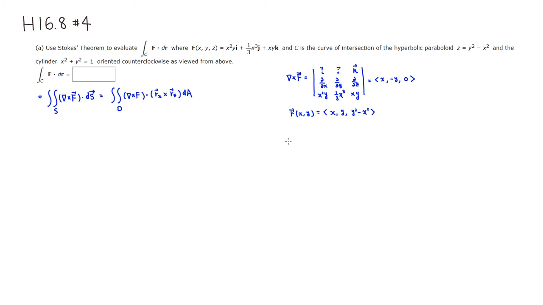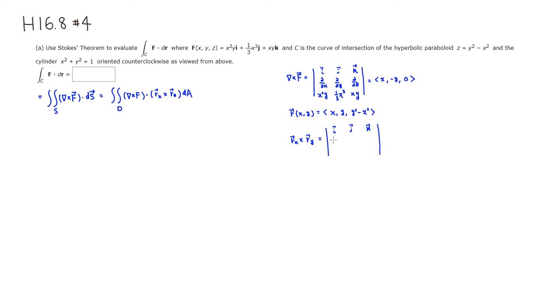Then we take the partial derivative with respect to x, cross the partial derivative with respect to y.